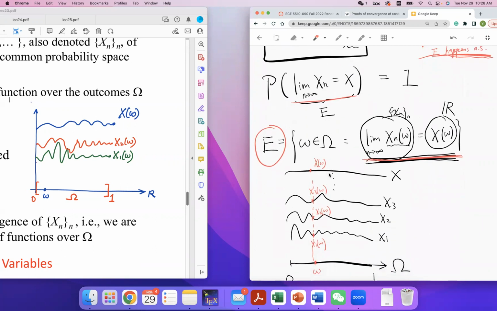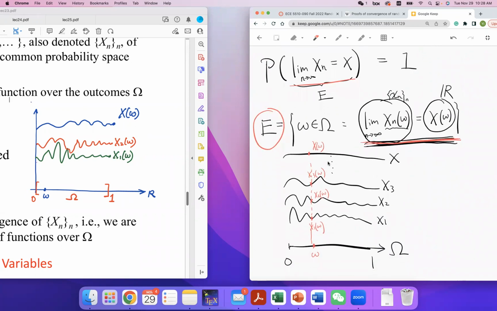Intuitively, it basically says that for almost all different omegas, we will have this type of convergence. If you draw an arbitrary vertical line that intersects all these random variables, these points are the realizations of the random variables under this omega.